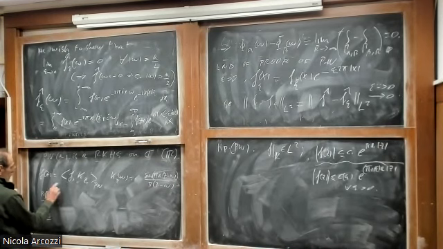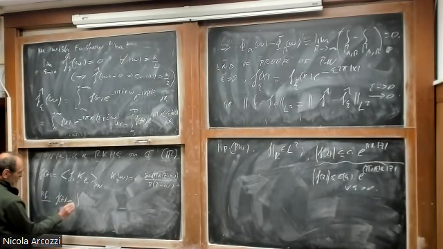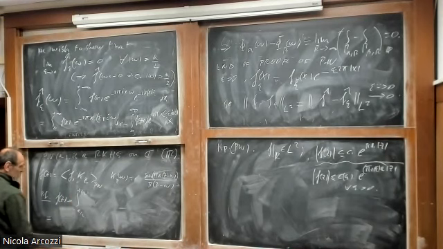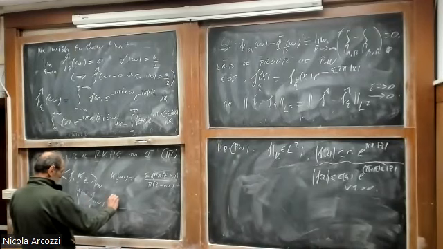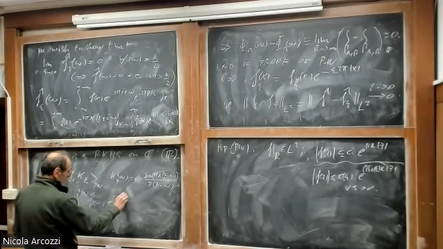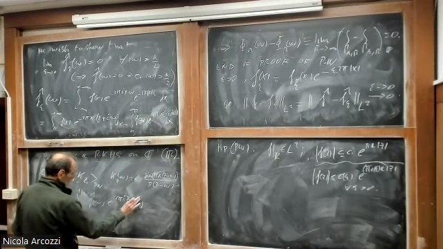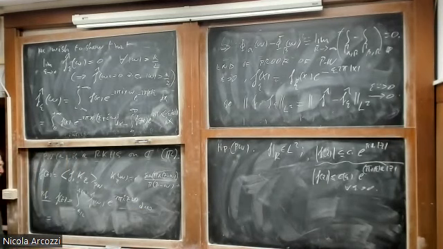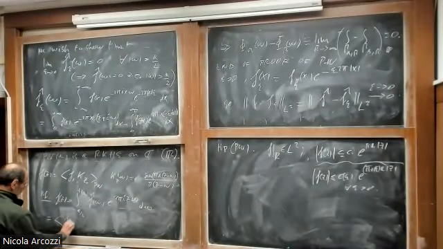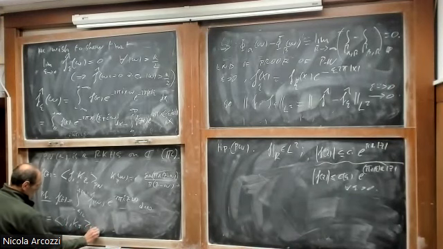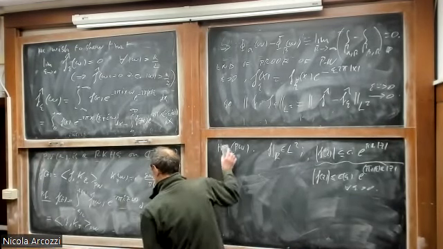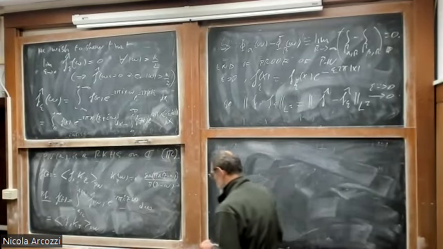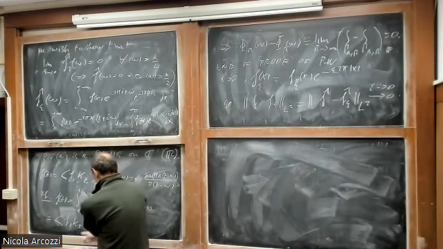What I want is the integral between this and e to the 2 pi i z omega d omega. That is equal to the inner product between f and k_z, where k_z is the transform of that.